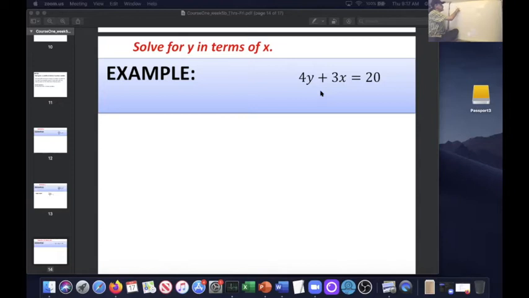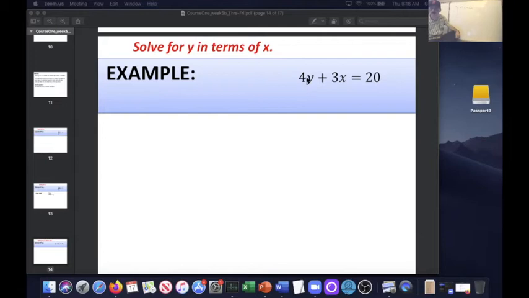And sometimes people solve these backwards. So we're solving for y in terms of x. And so when people say solve for y, they think, oh, I got to do something to the y. You see the y first, and so you react. Boom. Minus 4y.